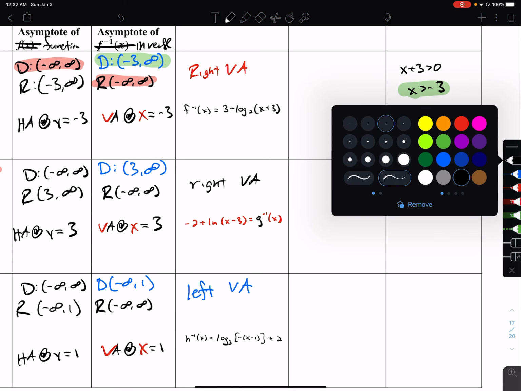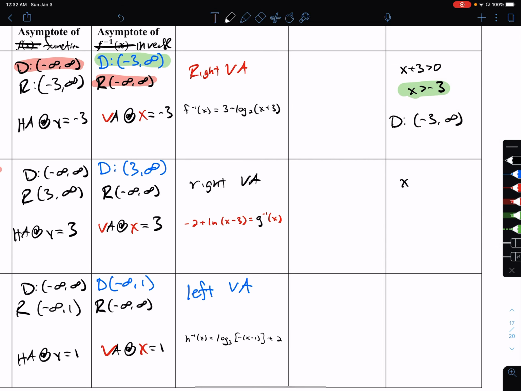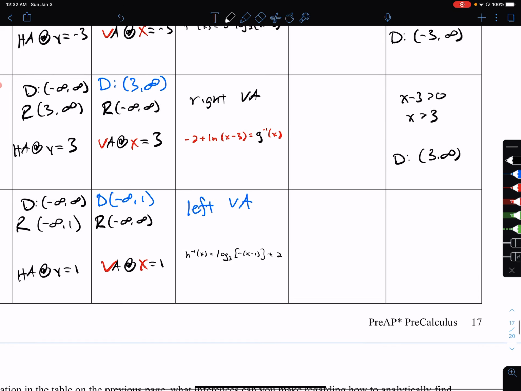If we do that for this next one, we get x minus 3 is greater than 0, and we solve it. We get x is bigger than 3. It's not a coincidence. The domain is 3 to infinity. If we do this for this last one, we have a negative x minus 1 greater than 0. If we multiply both sides by negative 1, that changes the inequality sign around. Then if we add 1 to both sides, we get x is less than 1, which is the domain negative infinity to 1.